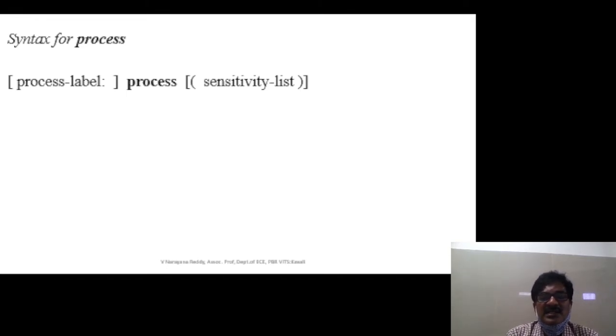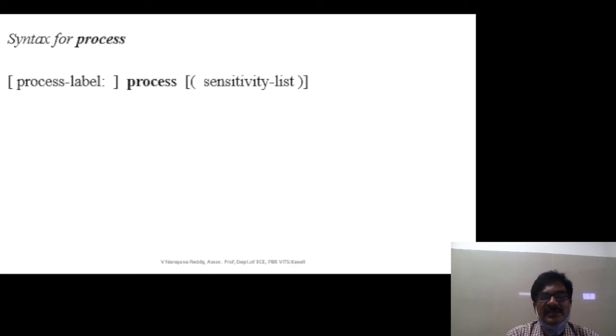So for the process there is a label name. Process label colon, but it is optional. Since it is placed in square brackets, that means it is optional, not compulsory. Suppose if you want to use a process with a label name, then write process label name colon, like that.